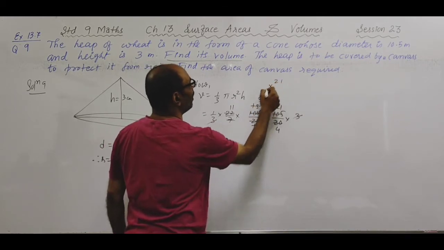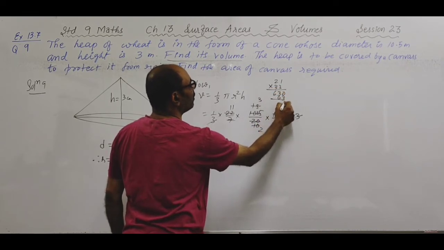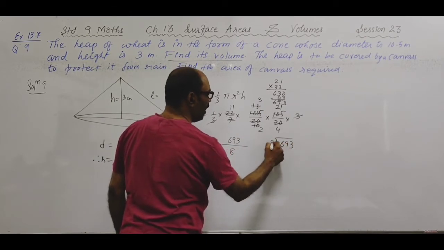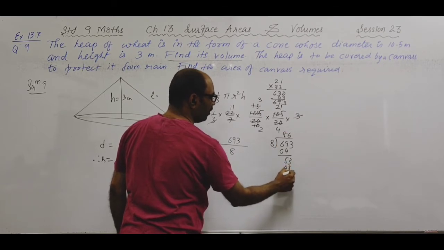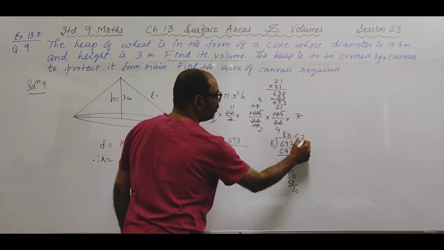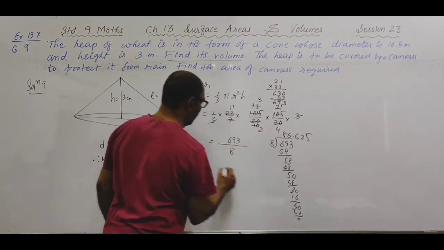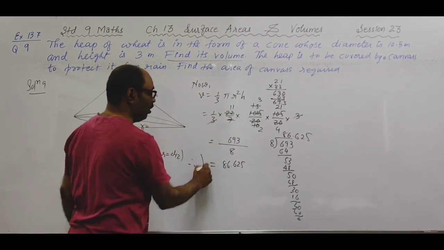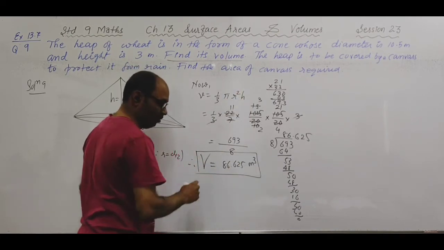This is 21 multiplied by 11, 3s are 33... 693 divided by 8. 8 8s are 64, 5 3... 8 6 are 48, 5 0. 8 6 are 48, 20. 8 2s are 16, 40. 8 5s are 40, 00. Exactly divisible. So 86.625. ये क्या है? वॉल्यूम. सो मीटर है, सो मीटर क्यूब. सो योर फर्स्ट टारगेट यू हैव अचीव्ड.